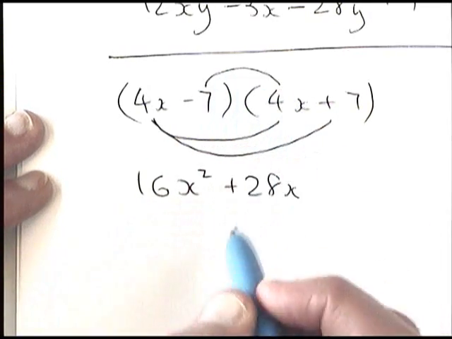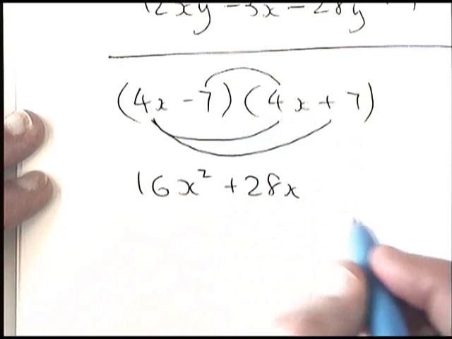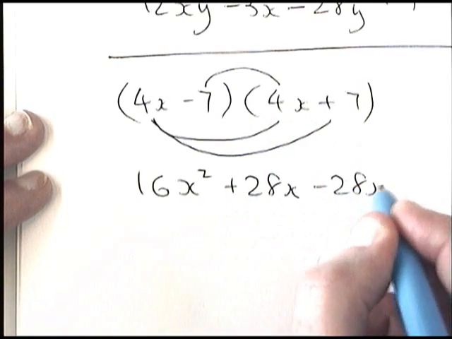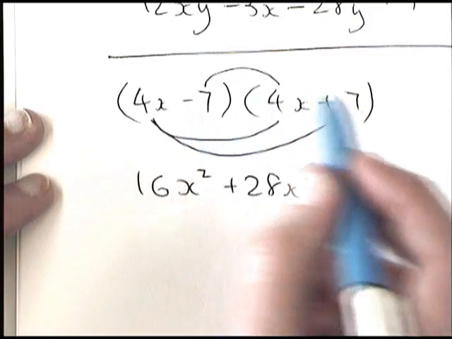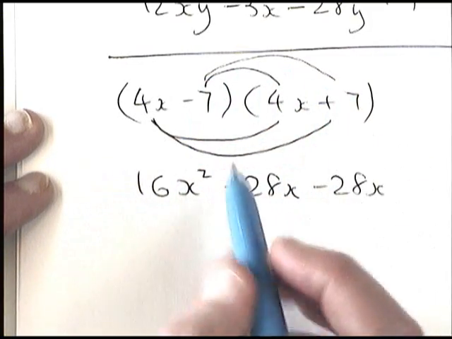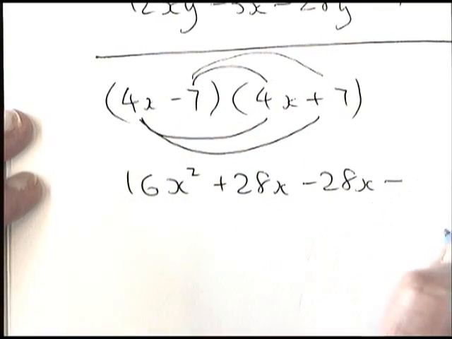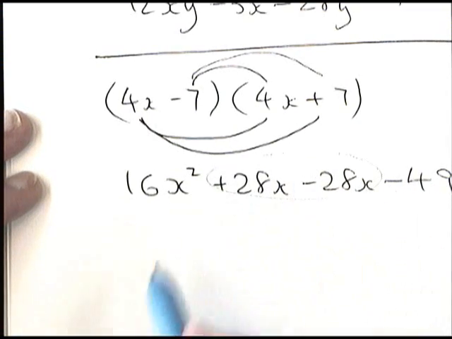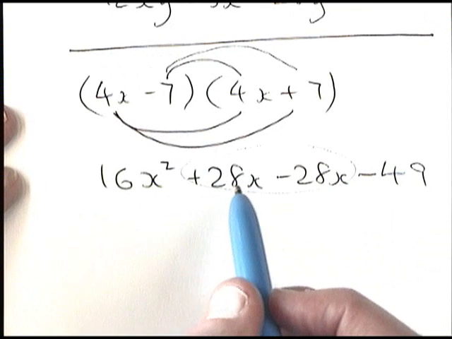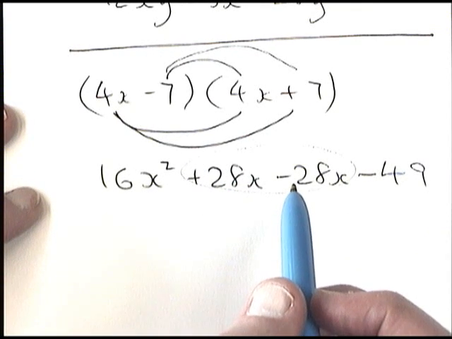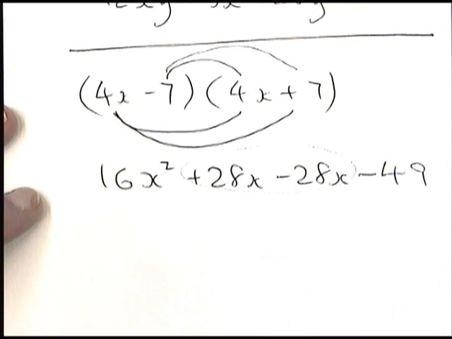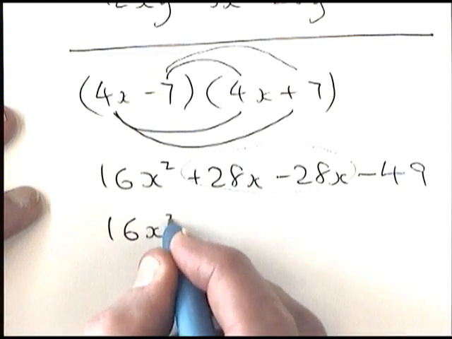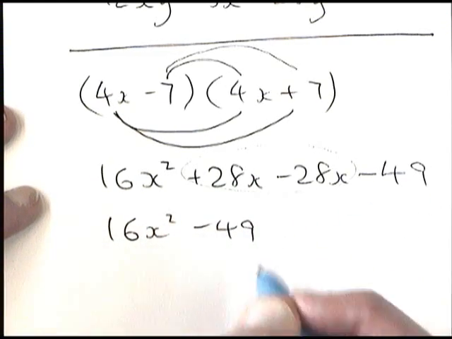Then we do these two. -7 times by 4x is minus 28x. -7 and plus 7, we're timesing them together. A minus and a plus gives you a minus when you multiply. 7 7s are 49. These bits we can combine together. A plus 28 and a minus 28, they will disappear. We've got no x's left at all. So it's 16x squared minus 49.